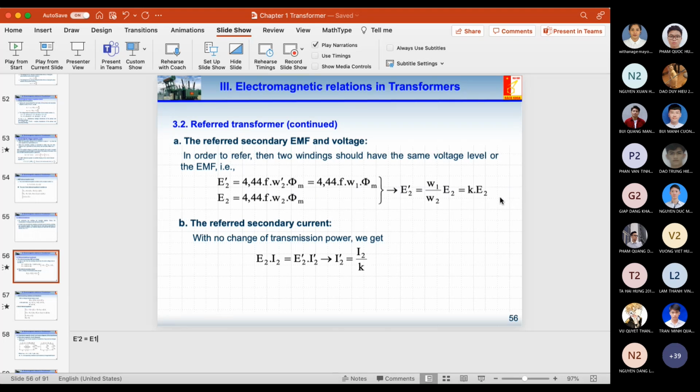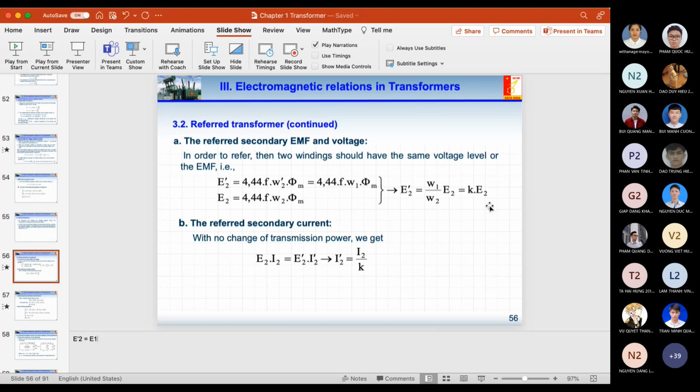The meaning of this expression is that if we want to get the same voltage level from the secondary side to the primary side, of course we have to change by the transformer ratio. The transformer ratio is the same theory. So keeping in mind this one, E2' is equal to K multiplied by E2 before doing conversion.